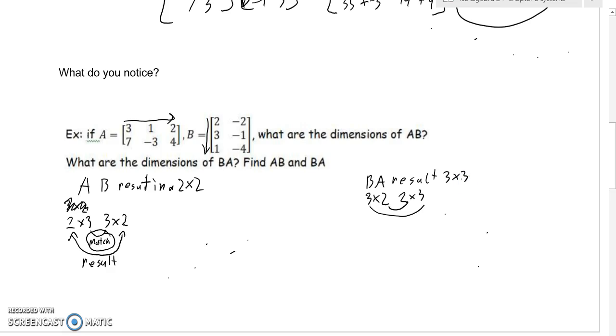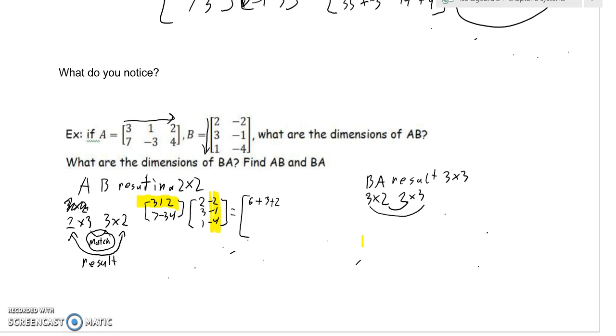So if we take 3, 1, 2, 7, negative 3, 4, and we multiply it by 2, negative 2, 3, negative 1, 1, negative 4, what are we going to get? Across the first row and down the first column, we have 3 times 2 is 6, plus 1 times 3 is 3, plus 2 times 1 is 2.